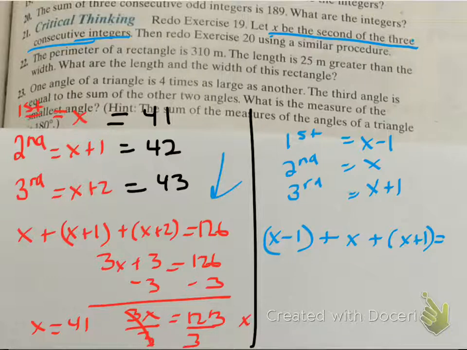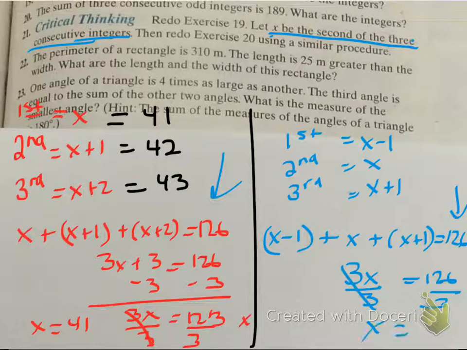I need what goes on the other side of this equal sign. 126. Okay, now we can simplify, and we have 3x equals 126. Divide by 3. X equals 41. In both cases, what do we notice about x?